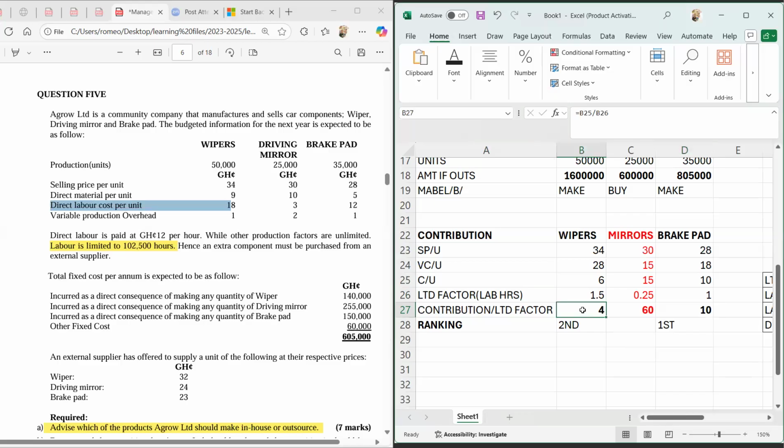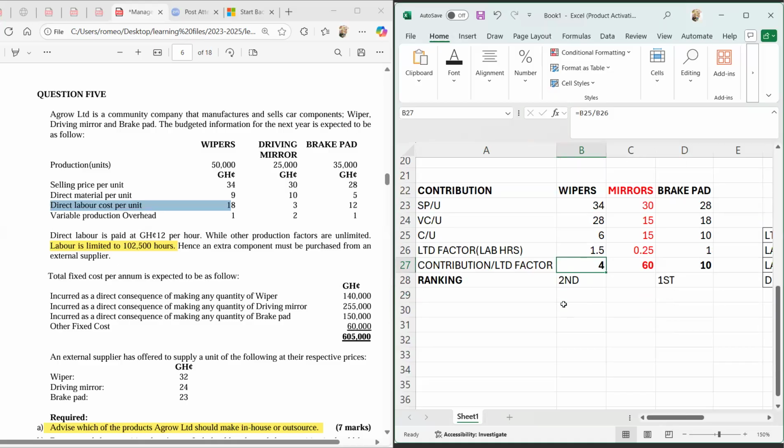Let's assume you have only 10 staff, then we produce 4 of this one, then we take 6. Meanwhile, even when we sell one of this one, it's going to earn us more revenue as compared to this one when we sell one. So why don't we produce all the 10 of the brake pad? Manasseh, I hope you get where I'm coming from. Yes, please. I do now.